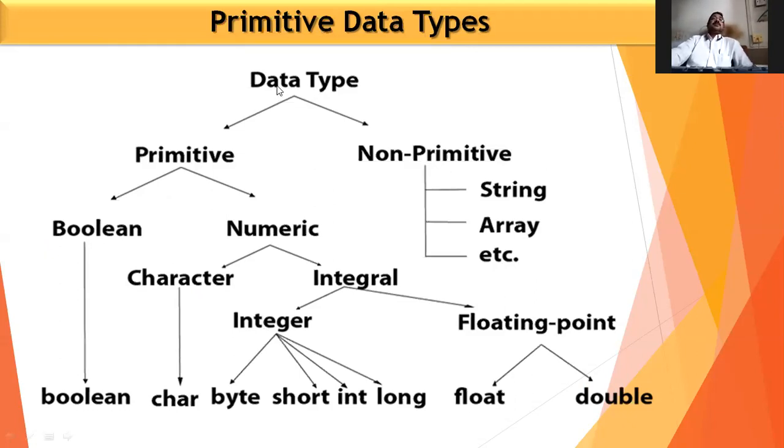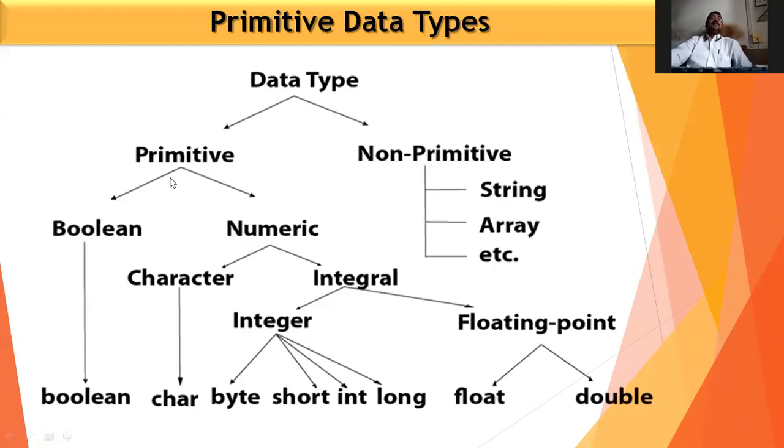The data types have primitive and non-primitive data types. In non-primitive, we know that strings, arrays, etc. are all non-primitive data types. Classes we can also declare as non-primitive. The interfaces, arrays, and strings are considered here as non-primitive.